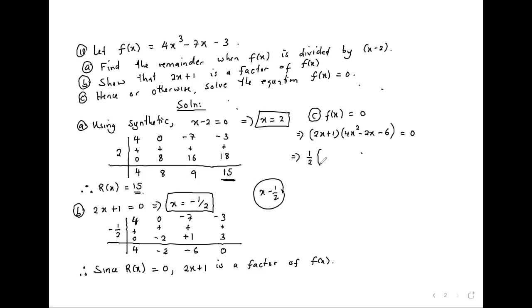And then you have 2x plus 1, and then the 4x squared minus 2x minus 6 equal to 0. So you put that half outside just to avoid going into 8. So whatever number that could be there, whether it was 3, you do the same. So you put it there.